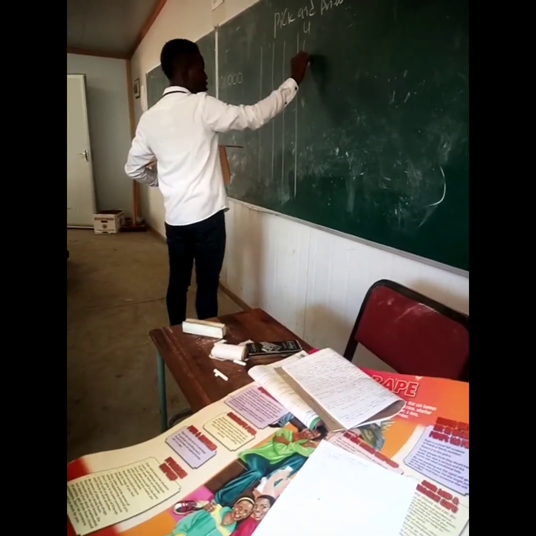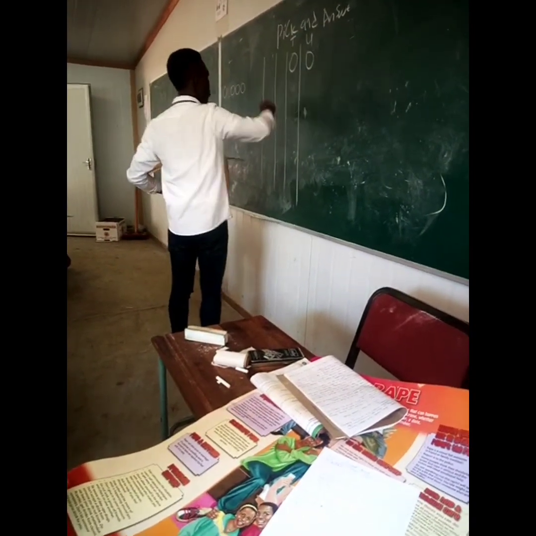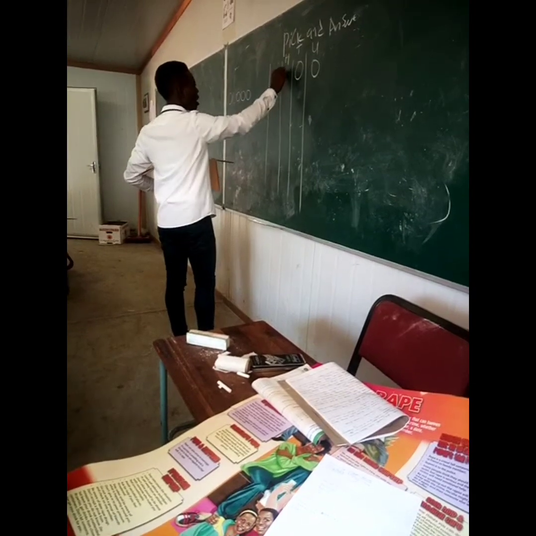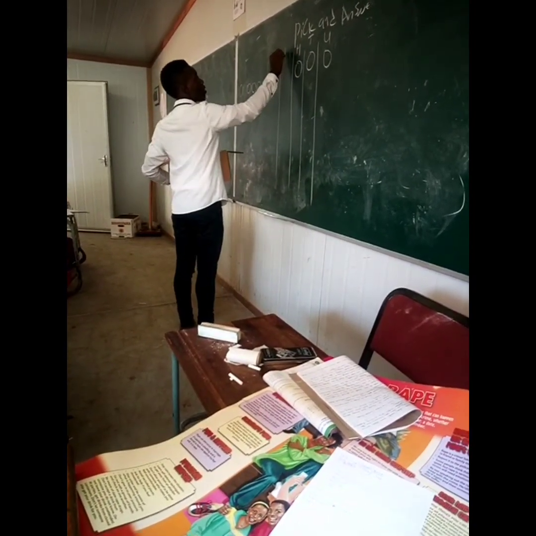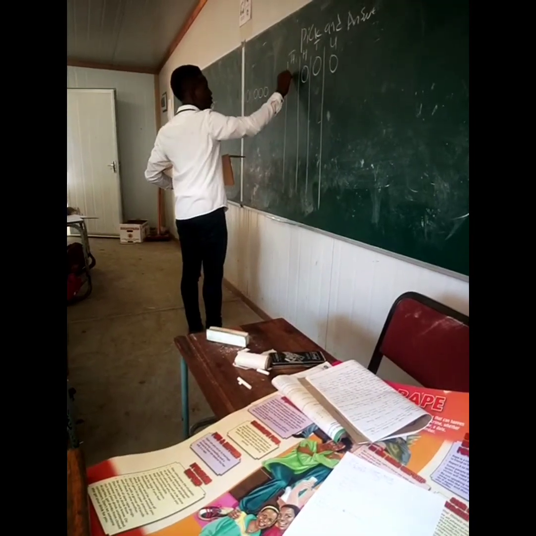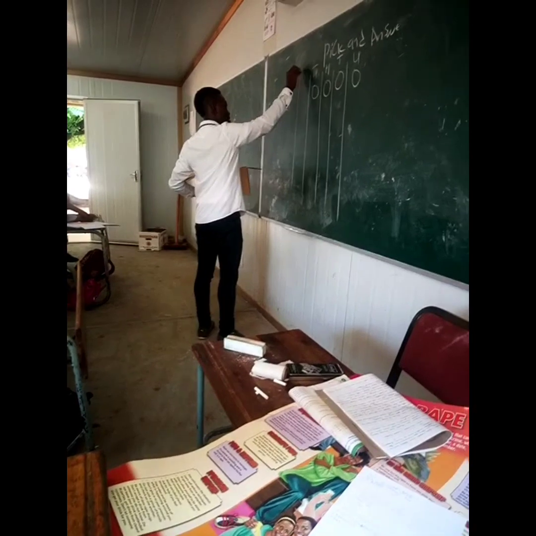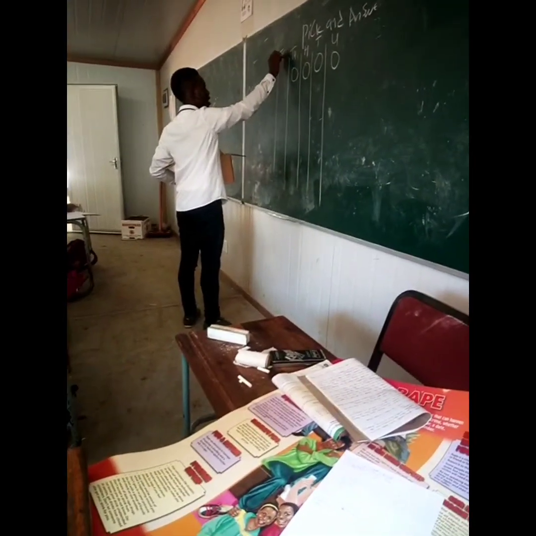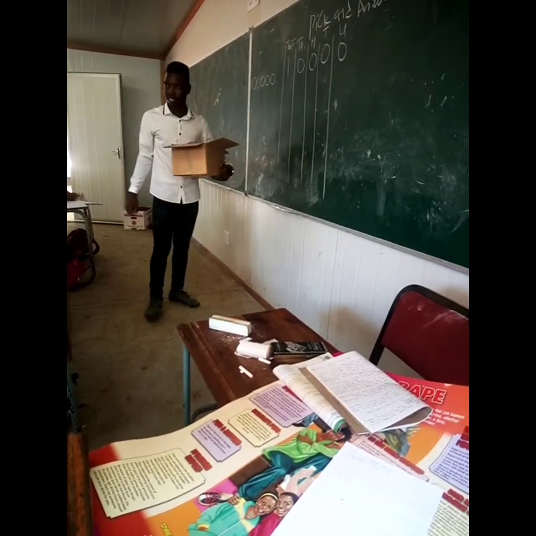So the first zero stays here. Now the second zero, the 10. Third zero, the 100. Fourth zero, the 1,000. Now 10,000. Yes. 10,000. So she is correct.